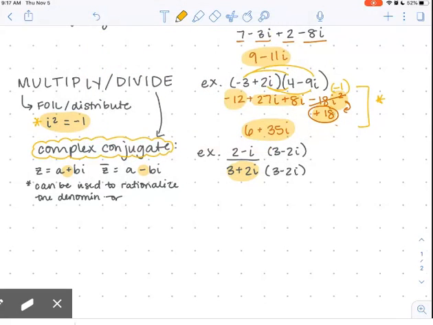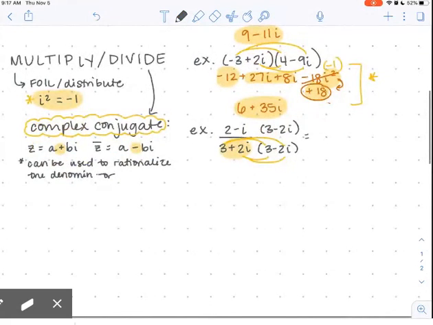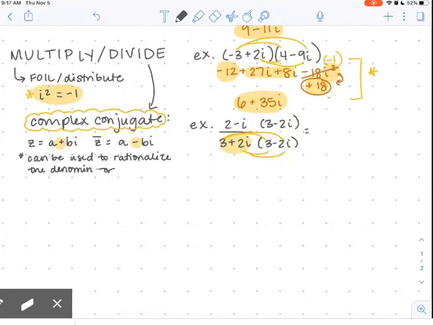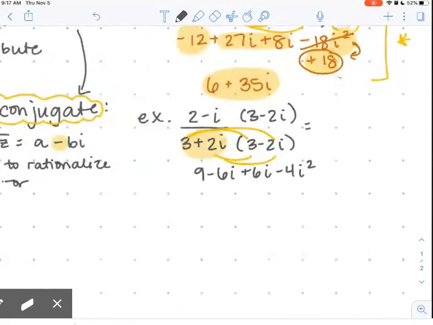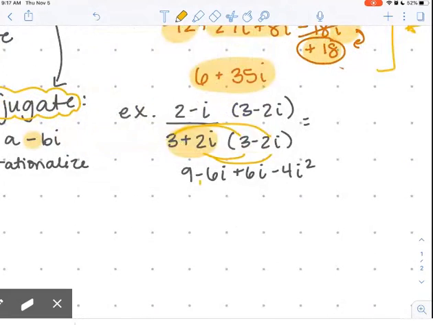So when I do this, I'm going to distribute just like I would when I'm multiplying. So 3 times 3 is 9. I'm actually just going to do this down here, and then I'll write my final answer over there. 3 times negative 2i is negative 6i. 2i times 3 is a positive 6i. And 2i times negative 2i is a negative 4i squared. So just like when we're working with radicals, the reason that the complex conjugate works for this purpose is that, look what happened to these middle terms, my imaginary components.